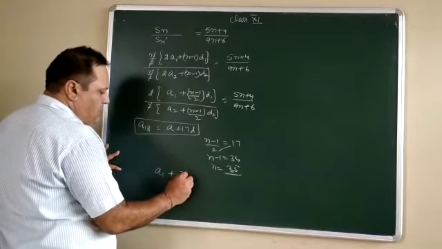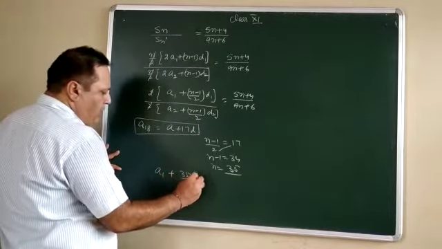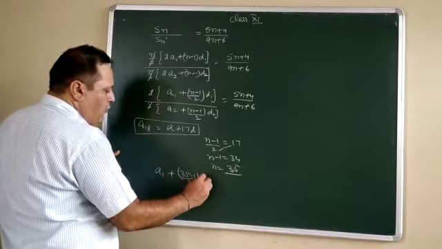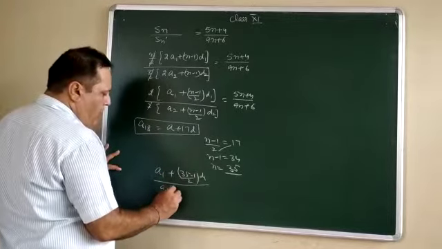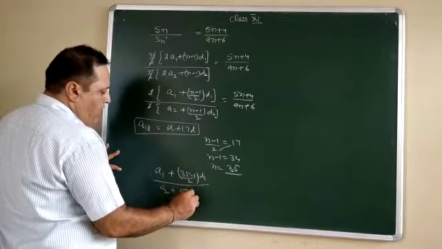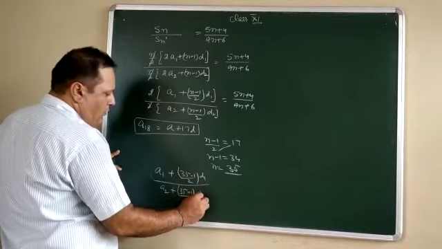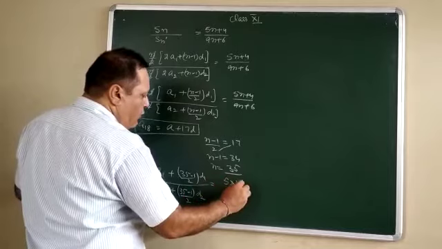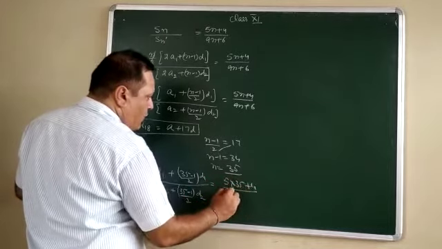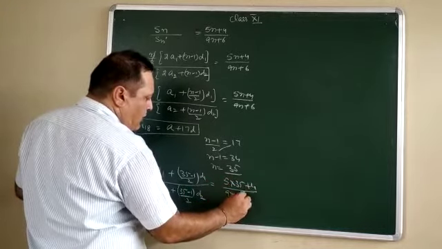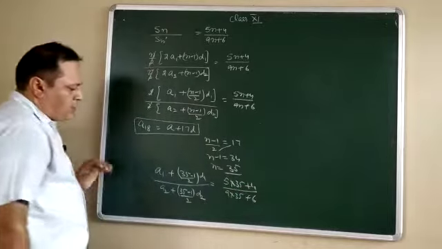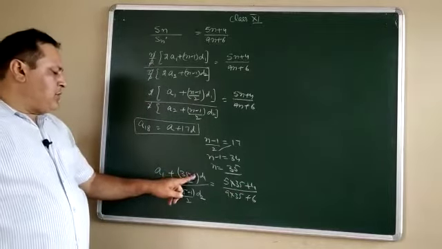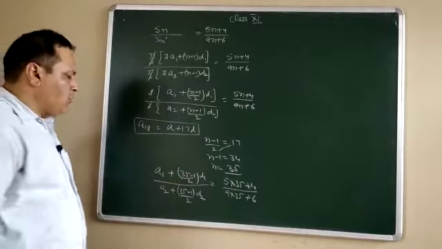a1 plus 35 minus 1 upon 2 into d1, upon a2 plus 35 minus 1 upon 2 into d2, is equal to 5 into 35 plus 4 upon 9 into 35 plus 6. 35 minus 1 is 34, 34 upon 2 is 17.